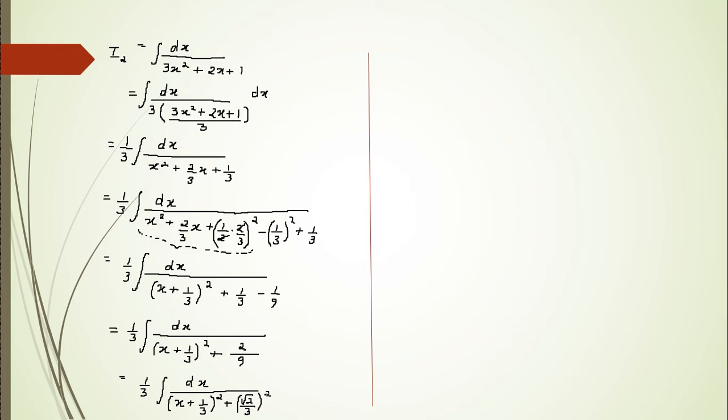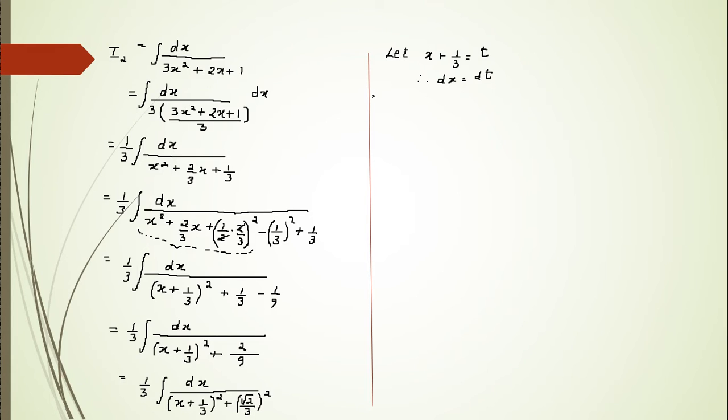Right, now it is in standard form. So now what I do is let x plus 1 by 3 is equal to t. Therefore dx is equal to dt.